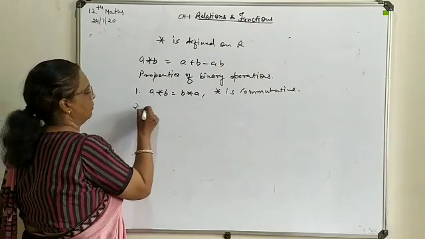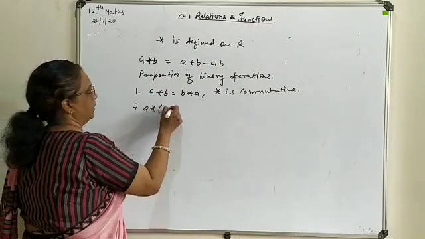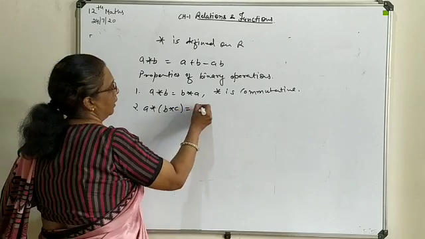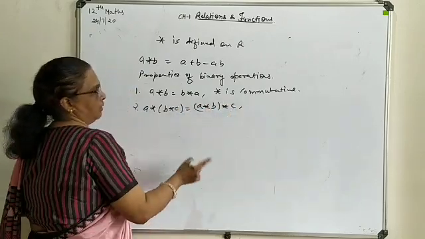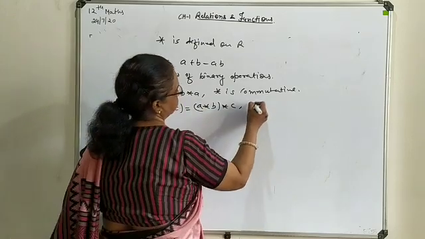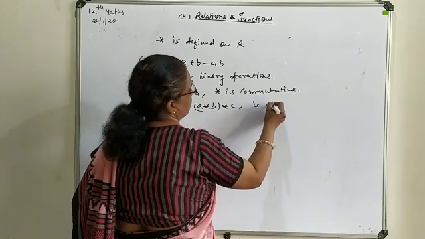Secondly, associative. As in the set form we have the associative property, here also you will have the same combination. So it will be associative.